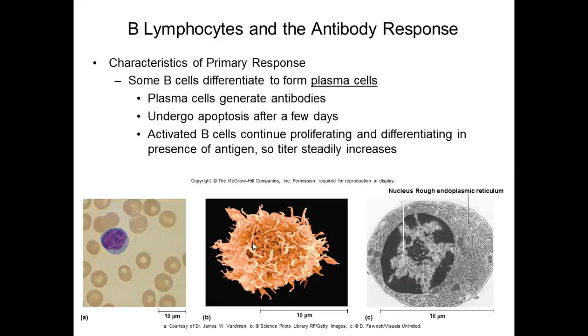After a few days, they go through the process of apoptosis. Basically, their job is done. Because apoptosis means what? Cell death without what? Without inflammation. This is their time has ended. But we're going to continue to activate B cells. They're going to continue to proliferate into memory cells and plasma cells.